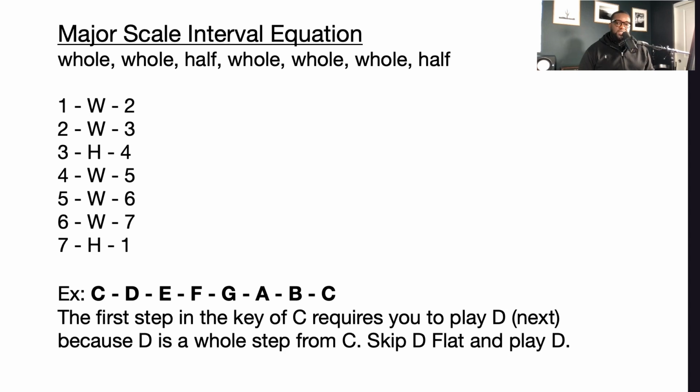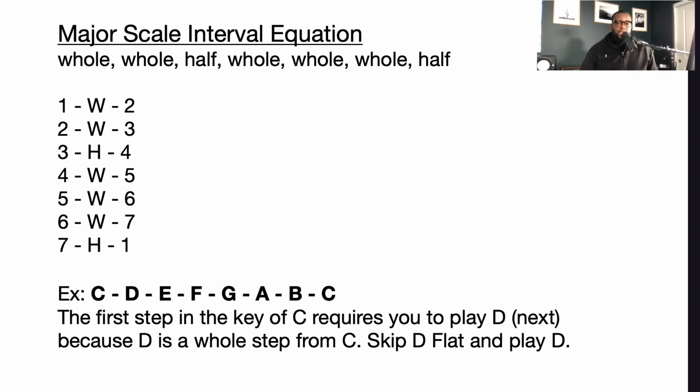So D to E. All right. The third note in the major scale is E, right? Which requires us to go a half step to stay within the scale. So from E, the next note in that scale is F, right? And that's just a half step. There's no black notes between that.